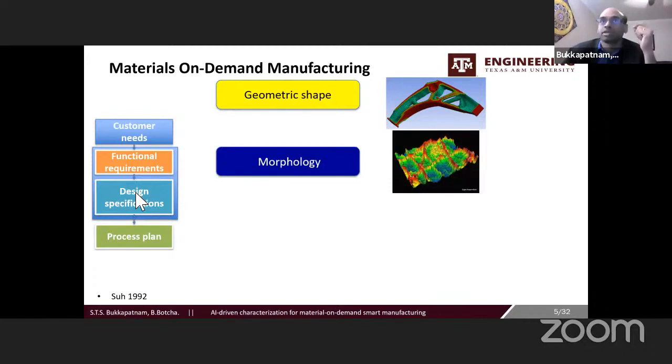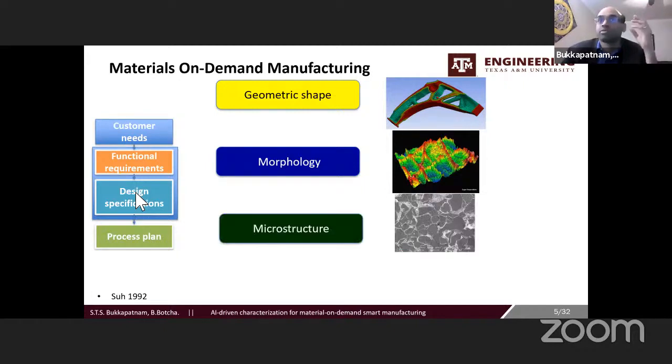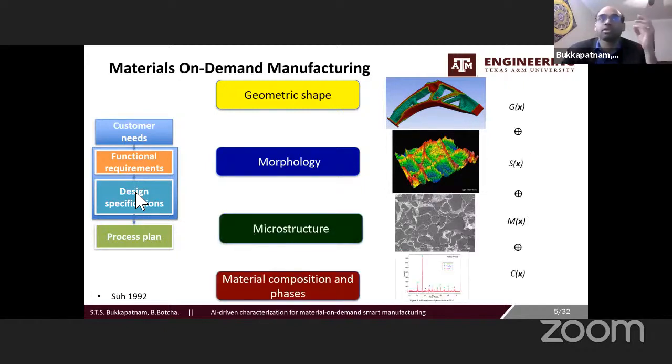And similarly, you can actually specify the morphology, the kinds of things that you want to have on the surface and so on. And the third, microstructure and the material composition. So in essence, the entire process of design essentially involves specifying the shape, morphology, microstructure, and material composition. Currently, in most of the engineering practice, by and large, the microstructure and material composition are pre-decided.